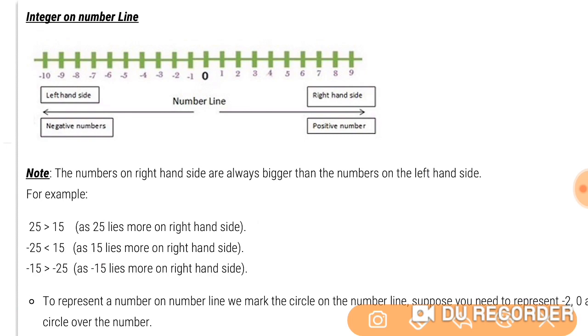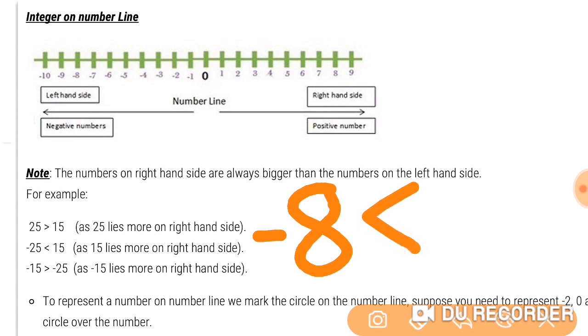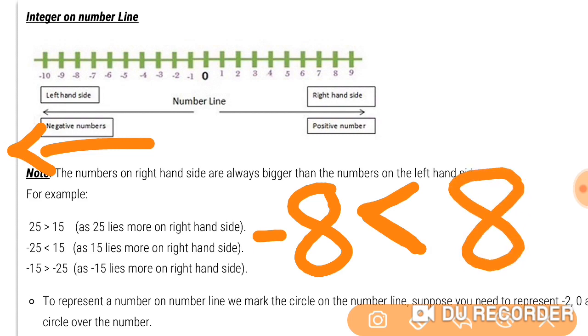Minus 8 is less, because minus 8 is on the left side, so it is less than 8. Now see the picture. Minus 8 is here, 8 is here.